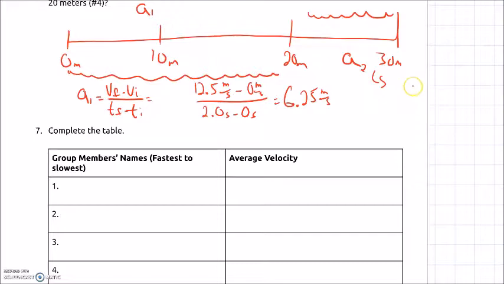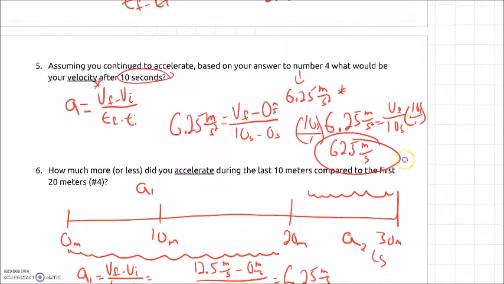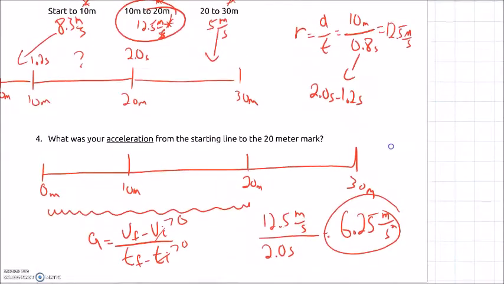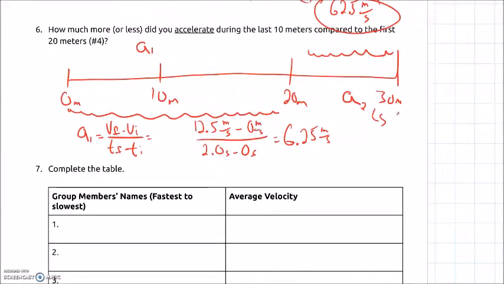So we need our velocity final. Our velocity final in this case was our average velocity at 30 meters, which we have up here as 5 meters per second, minus our initial velocity, which is at 20 meters, which we have as 12.5 meters per second, divided by our time at 30 minus our time at 20.